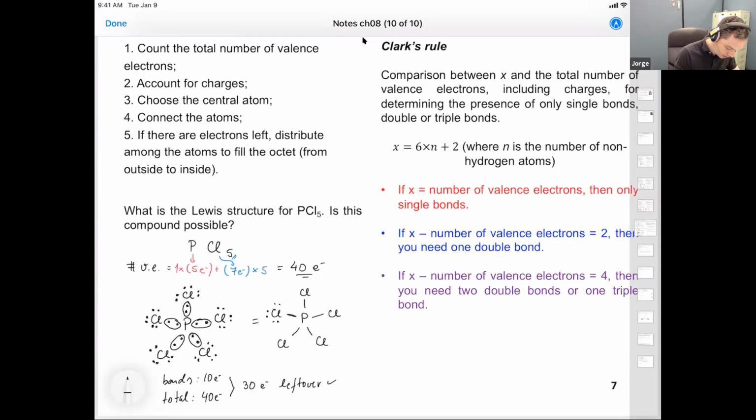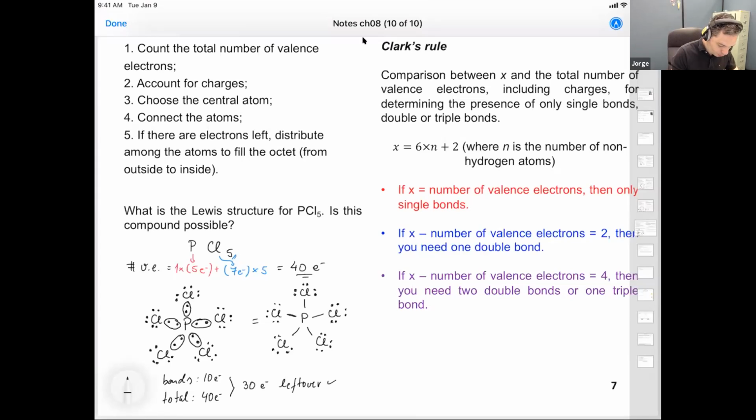And I always want you to represent them. So that's how you would draw the structure of PCl5.